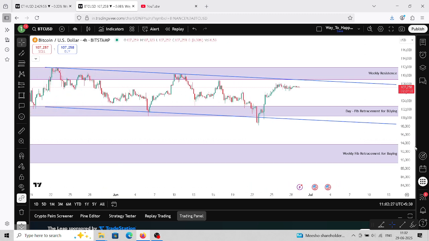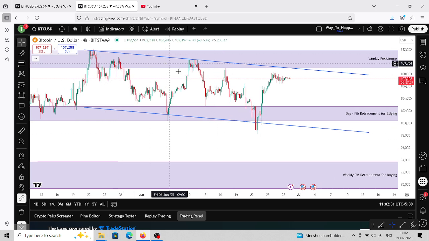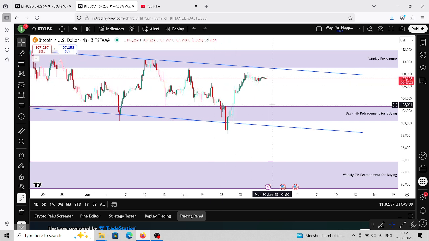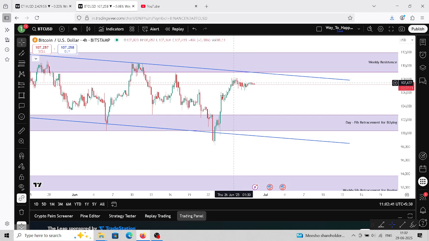Yeah, on the 4 hours, what it says is that price is again and again taking resistance from the weekly resistance, which is our daily resistance as well. And now, due to the weekend, price has been here for a long time. Okay, and it is trying to create a mini bullish flag.